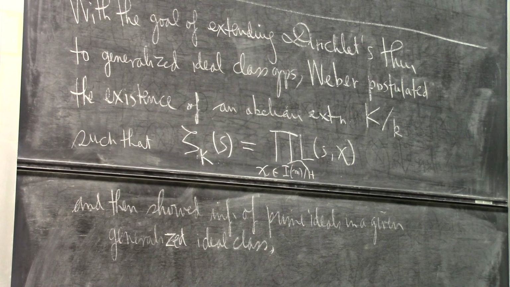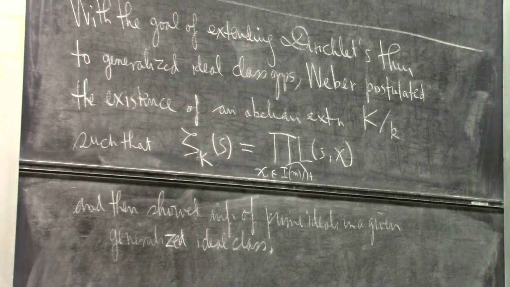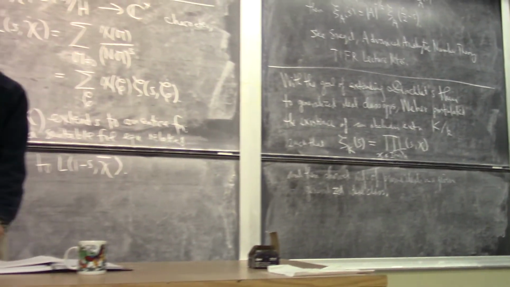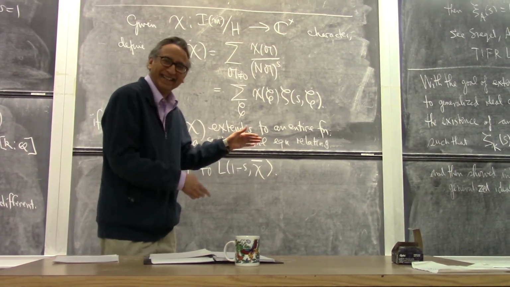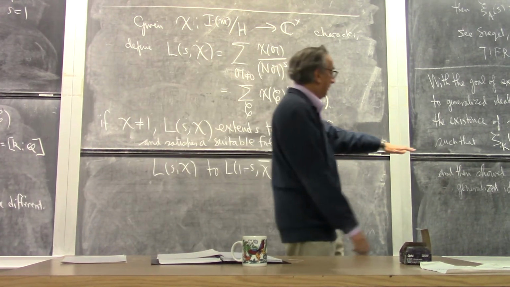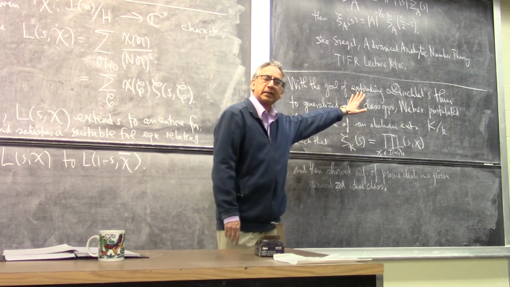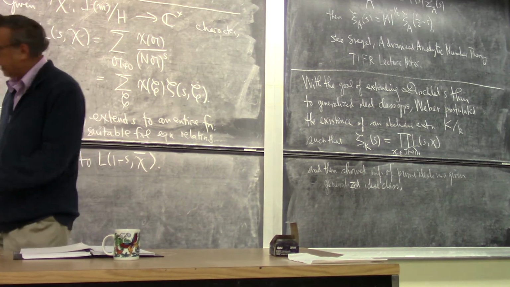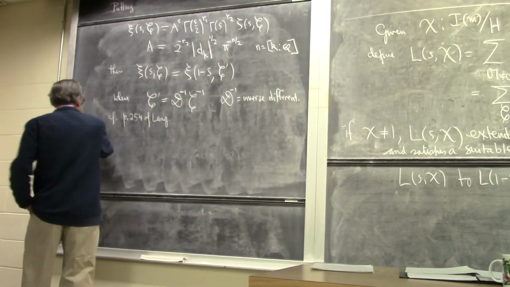So far so good, but now with the hindsight of more than a century, it is clear that there was no need to make this postulate. You can prove the infinitude of prime ideals in a generalized ideal class without making this assumption. And we know that thanks to a theorem of Landau.